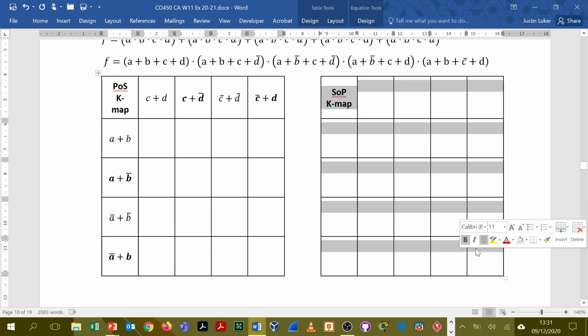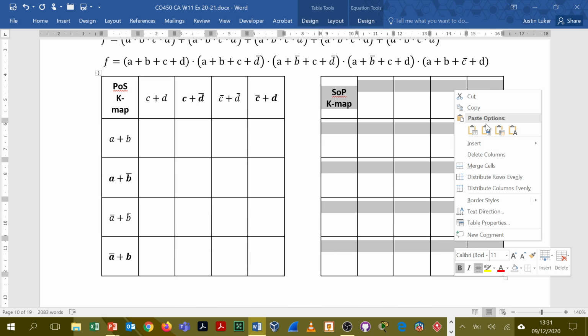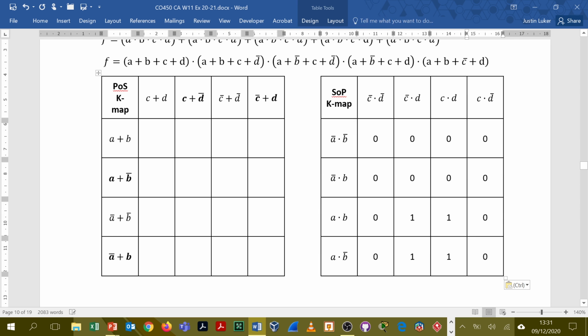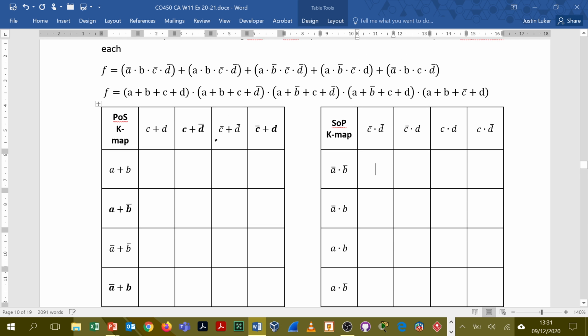Okay, so let's put that one in and get rid of those. Right, so we've got our POS and our SOP maps.